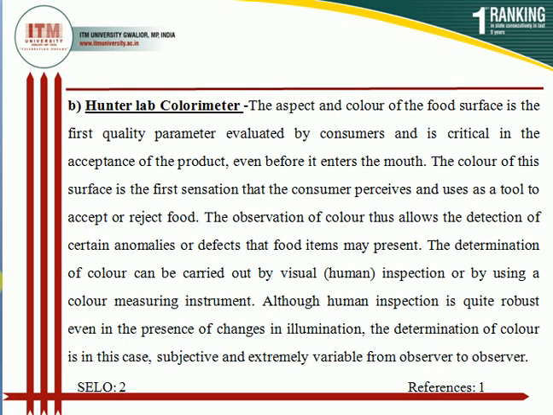The color of this surface is the first sensation that the consumer perceives and uses as a tool to accept or reject the food. The observation of color thus allows the detection of certain anomalies or defects that a food item may present. The determination of color can be carried out by visual inspection or by using a color measurement instrument.